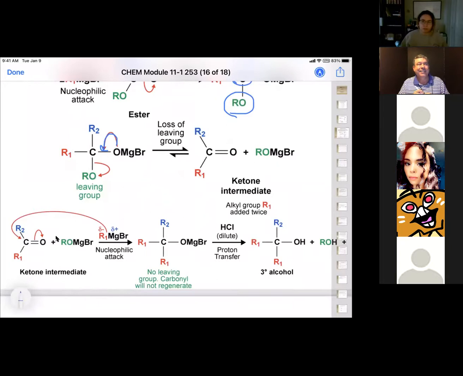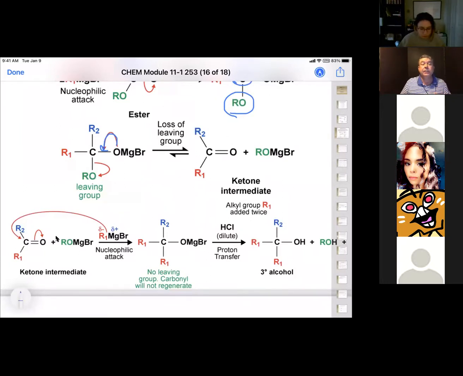Okay, so now that you've regenerated that carbonyl compound because the OR, the alkoxide, as a leaving group left, you can then attack it with another equivalent of the Grignard reagent to make a tertiary alcohol. But note, you will have to use 2 equivalents of the same Grignard reagent. It's very difficult to stop in the middle. You're going to have some of it go.